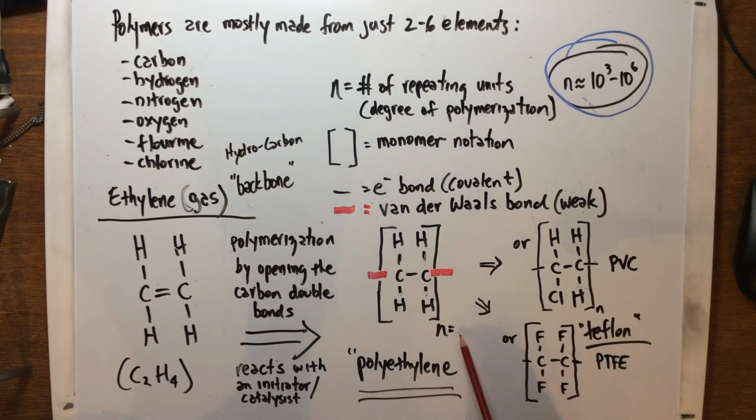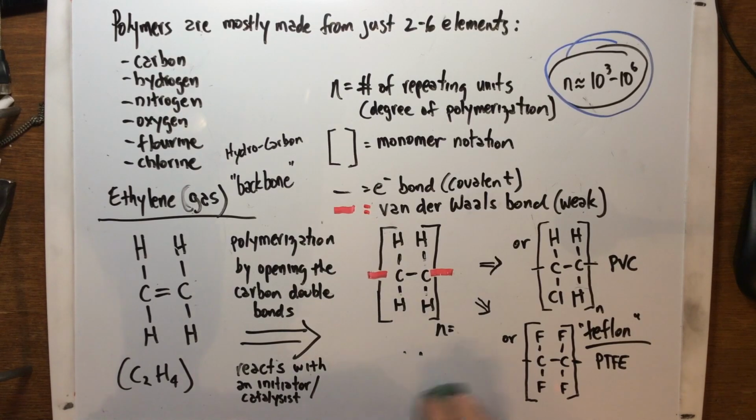Just like in this, because this is just polyethylene, we have a variety of polyethylenes, and it's all predicated on how many of those N's are involved. Okay, so we have polyethylene.